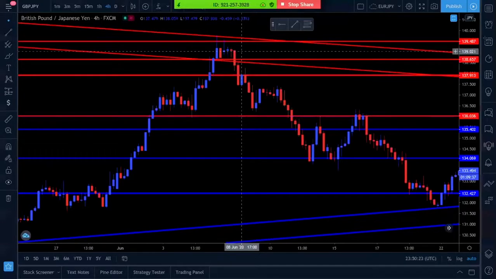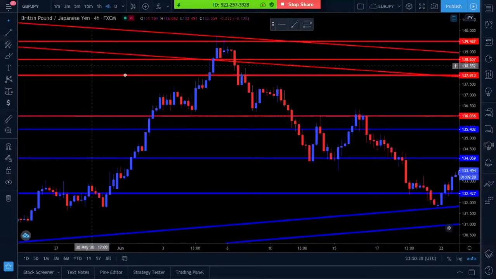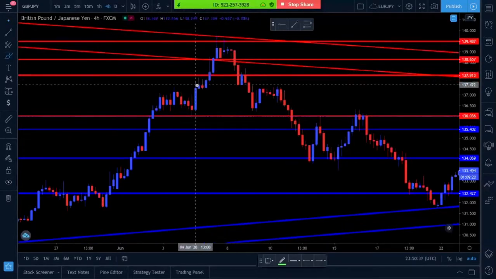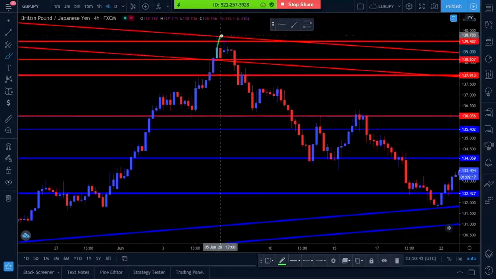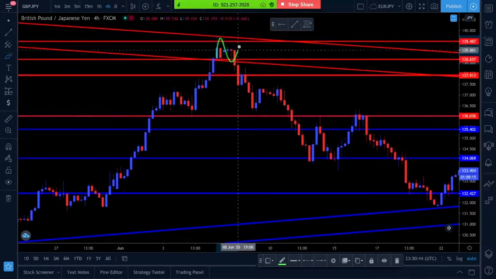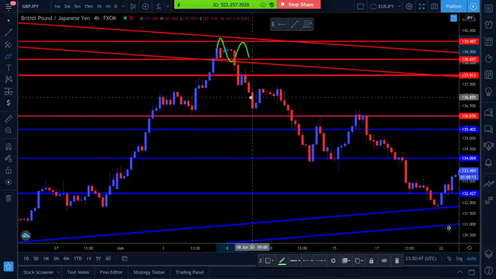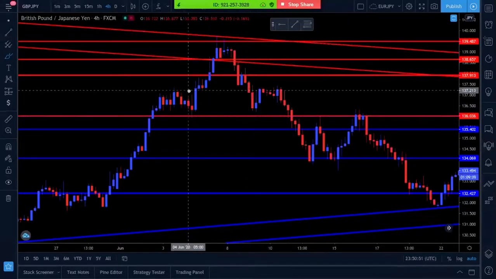Those of you that have been trading for a while should know the term ping pong, meaning you can buy, I can sell, I can buy, I can sell. And that's with any SRTs that you guys draw.